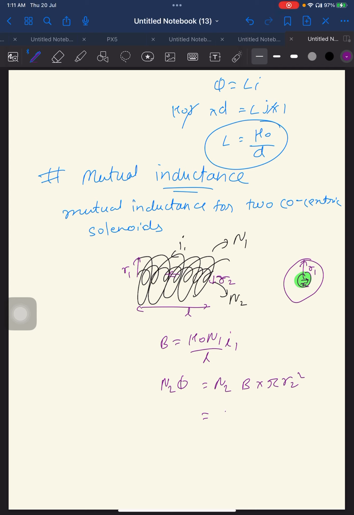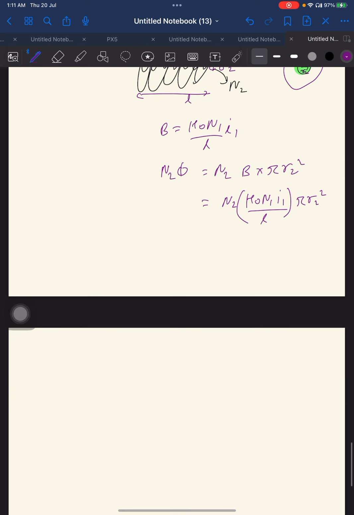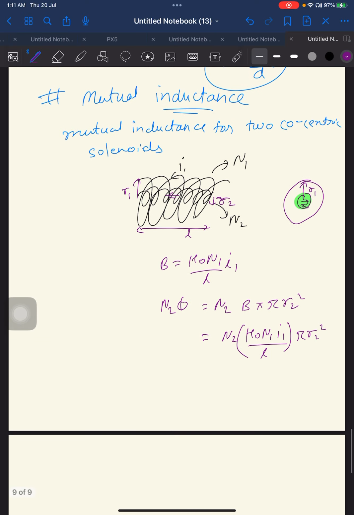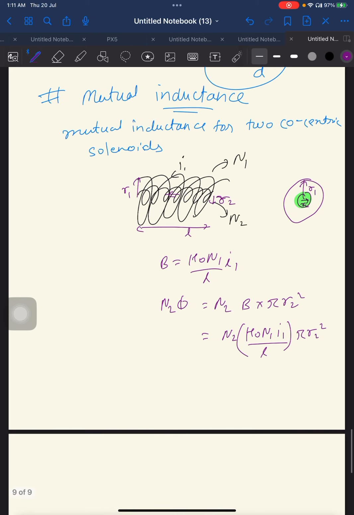Only that much part. So N2 into what is B? Mu naught N1 I1 by L into pi R2 square. So that is equal to N2 phi, or total flux. Now according to our definition, N2 phi 2 due to 1 is equal to mutual inductance into I1.